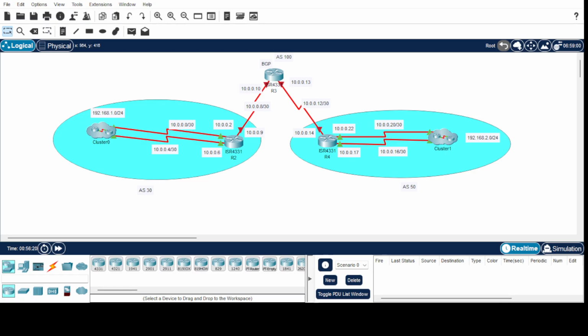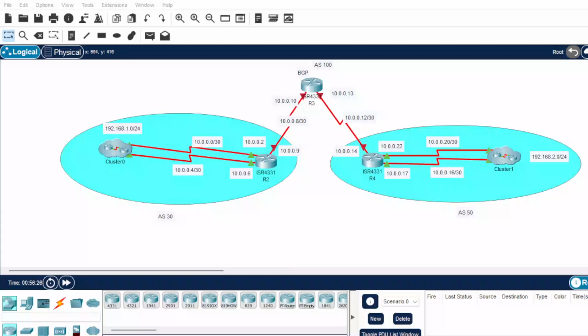So bringing the screen of router 4. Wait, some more screens are opening up.